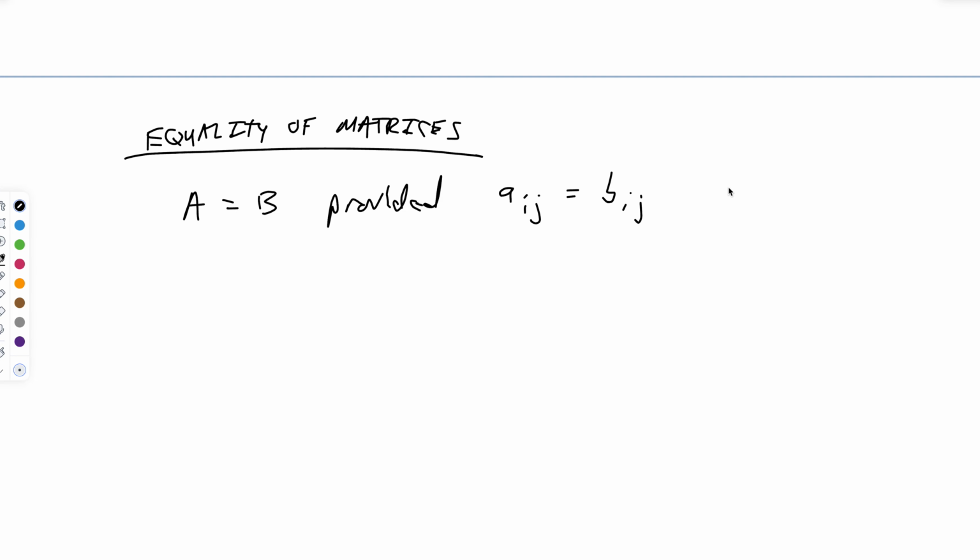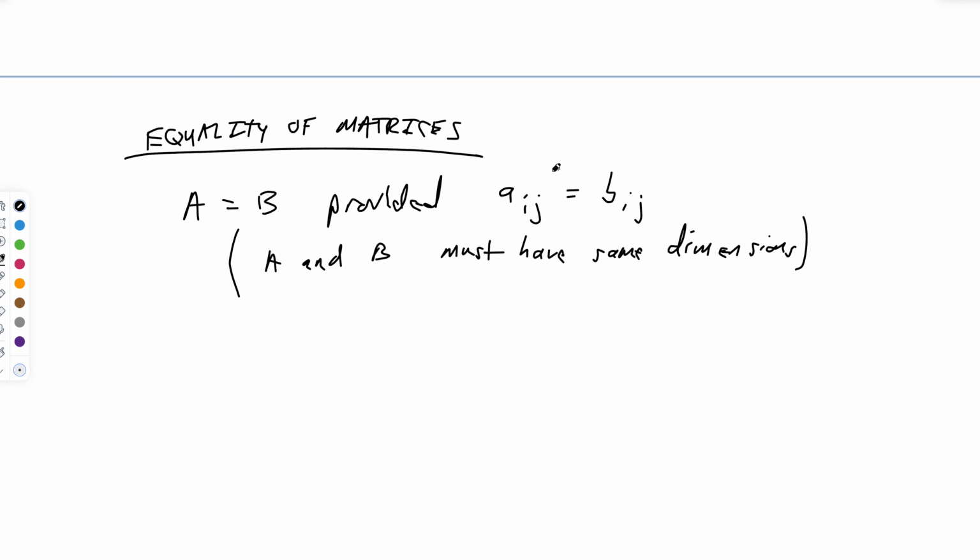Pretty self-explanatory, right? The corresponding entries of the matrix all have to be equal for the matrices to be equal. Note that there is kind of this caveat here where A and B must have the same dimensions, right?